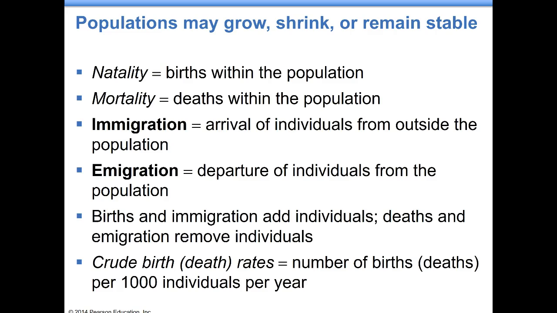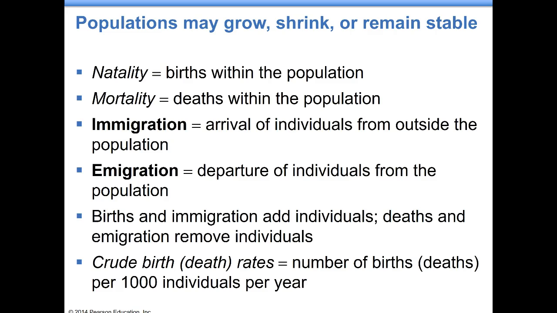They're also going to look at immigration and emigration, and see how many individuals are moving into the population and how many are moving out. Immigration is the arrival of individuals from outside, and emigration is the departure of individuals from a population. That's going to have an effect on the population growth that we're going to see.